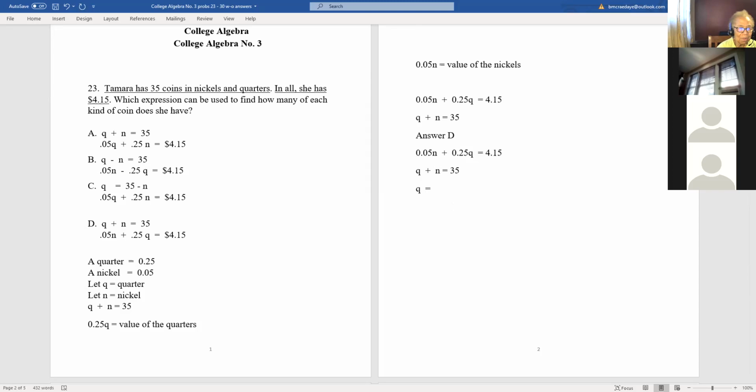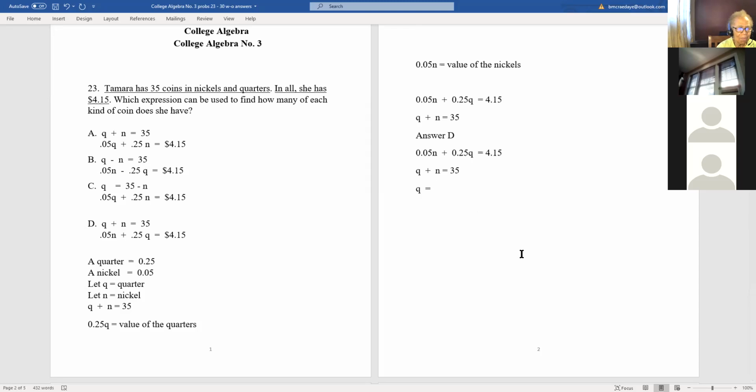You're going to subtract. Subtract what? 415 from 35. No, I'm talking only about this equation right here, Latoya. If q plus n is 35, what is q equal to? Solve this equation for q. What do you get? n minus 35.